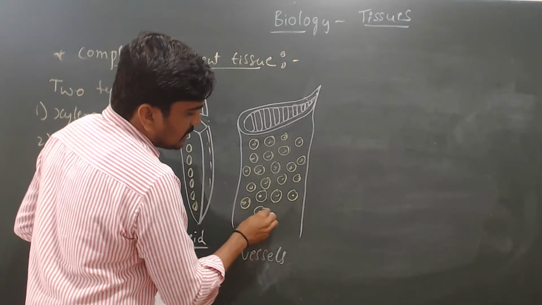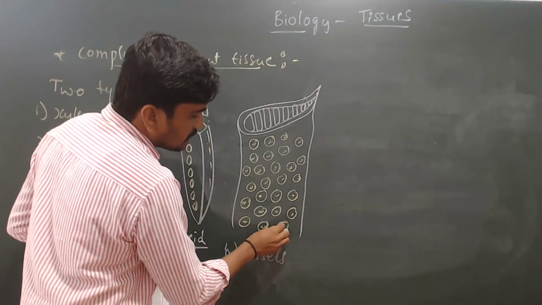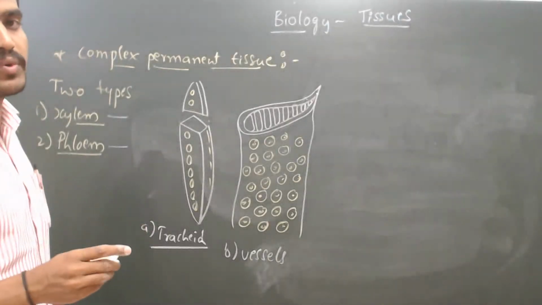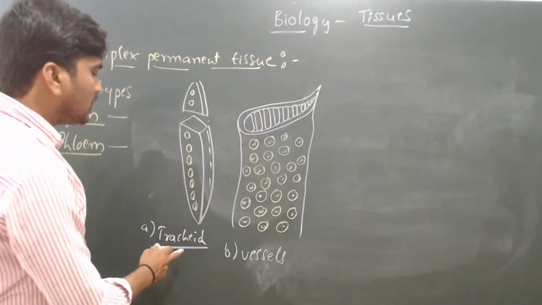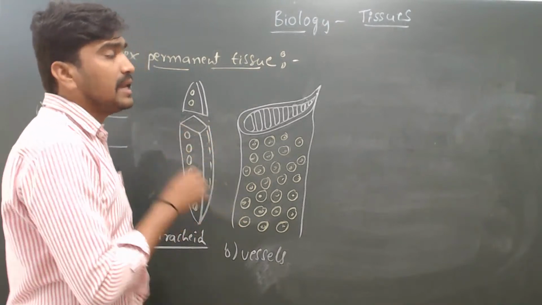At the start itself I said, in xylem, two components help to transport the water. Which two components? The first two, tracheids and vessels, both help conduct water in the plant.